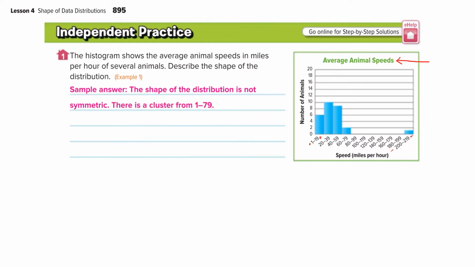There is a cluster from 1 to 79, so this would be a cluster. The distribution has a gap from 80 to 199. So we have a gap right here.